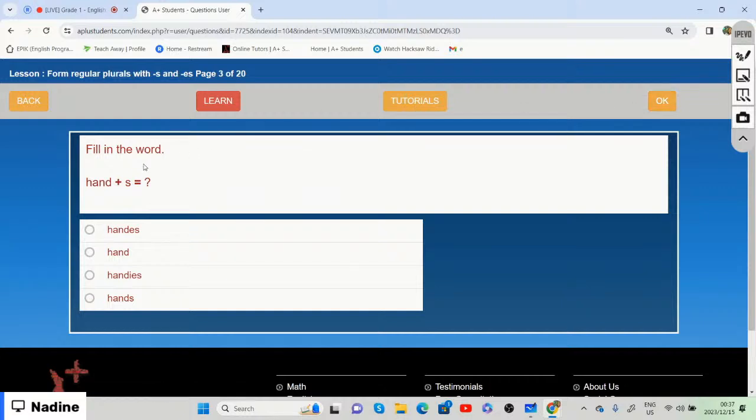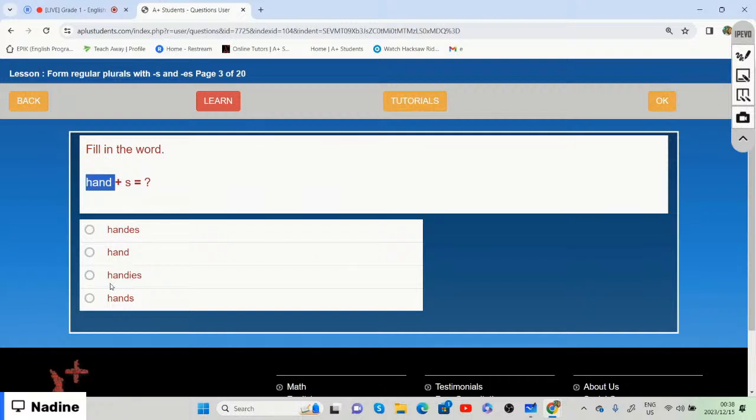All right, hand plus S. And hand plus S, it's like showing one hand plus S shows more than one hand, so it's hands. So is it the first option, which is hands? Second option, hand.